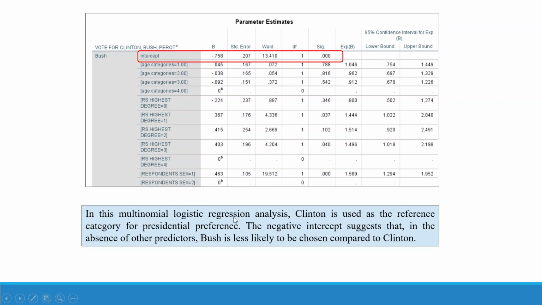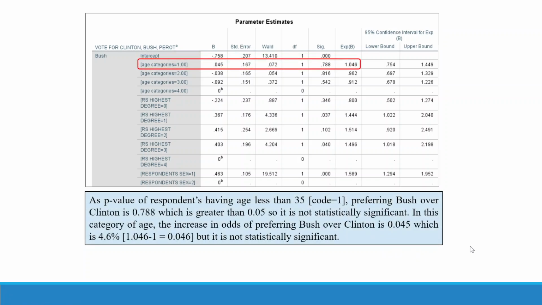In this multinomial logistic regression analysis, Clinton is used as the reference category for presidential preference. The negative intercept suggests that in the absence of other predictors, Bush is less likely to be chosen compared to Clinton.